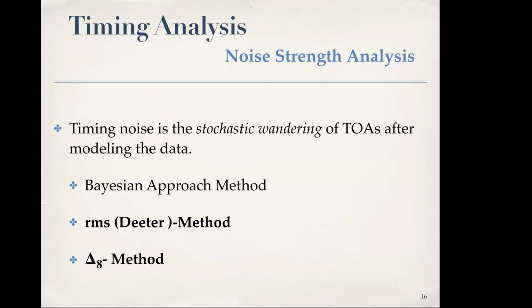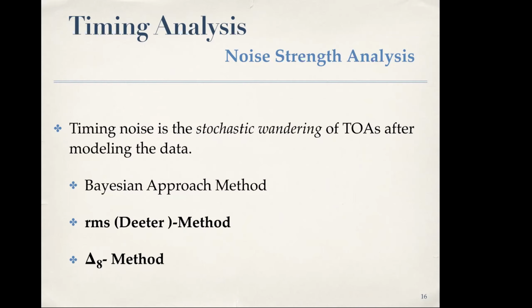Once the frequency histories are settled, we can proceed with constructing the power density spectra and their representative timing noise values. To achieve this goal, let us first have a look at the theory behind it. In principle, timing noise is the stochastic wandering of times of arrival after modeling them with an appropriate model.